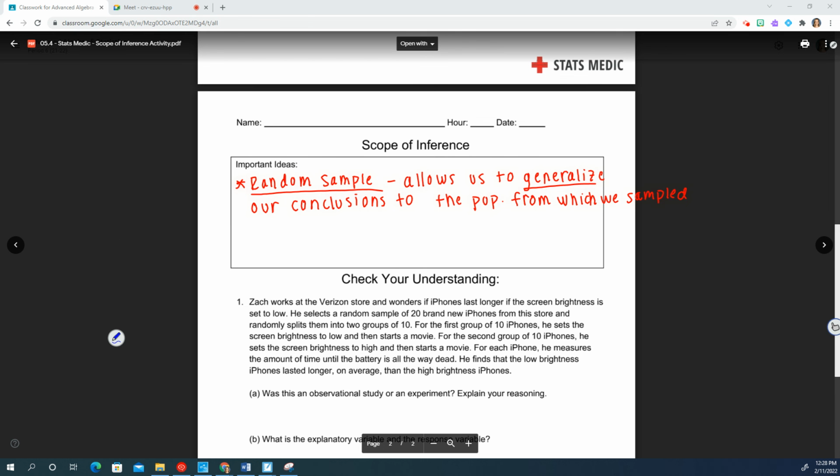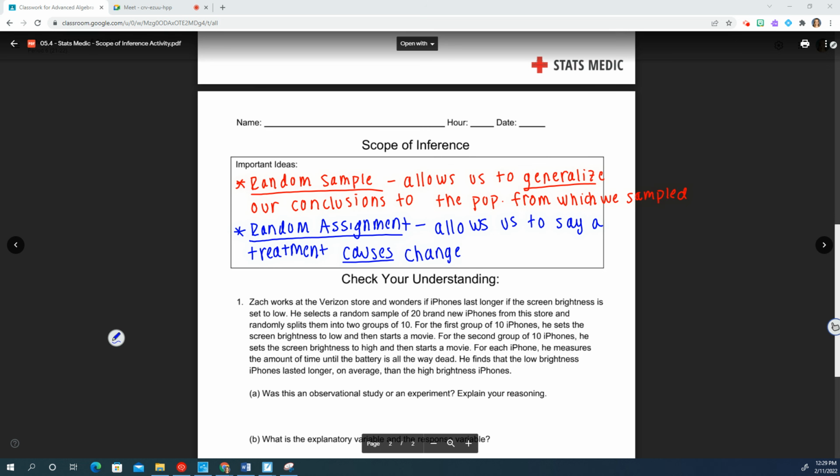Random assignment allows us to say a treatment causes changes in the response variable.